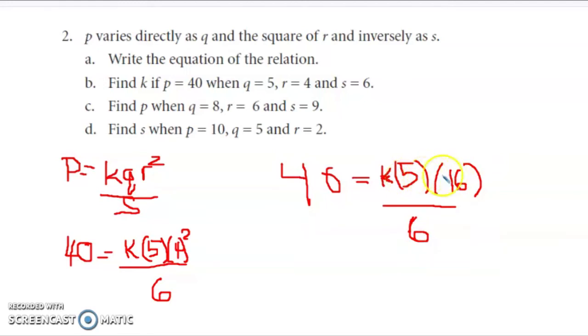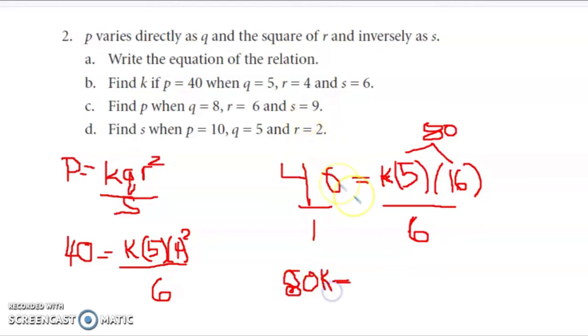Let us multiply these two. What is 5 times 16? That is 80, times K, 80K. So by cross multiplication, this will be 80K. Sorry for that handwriting.